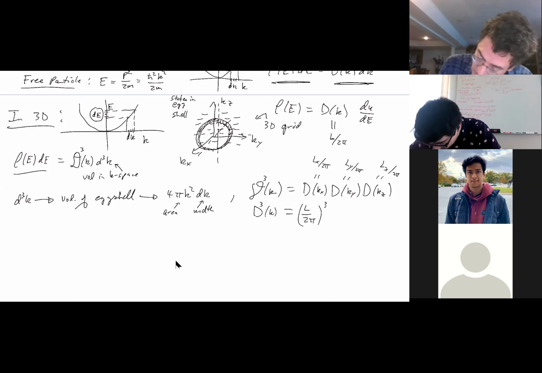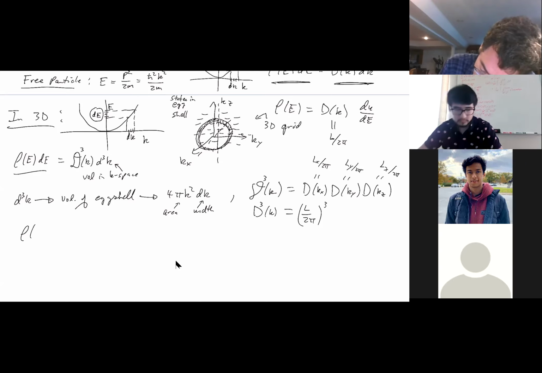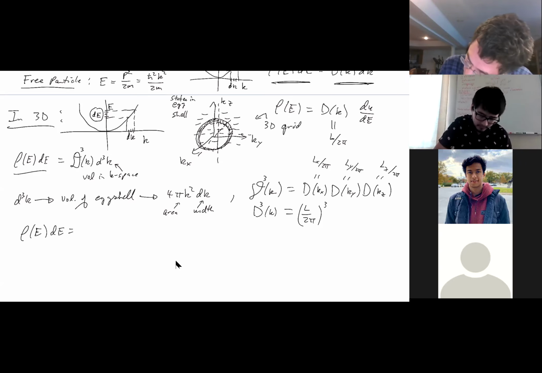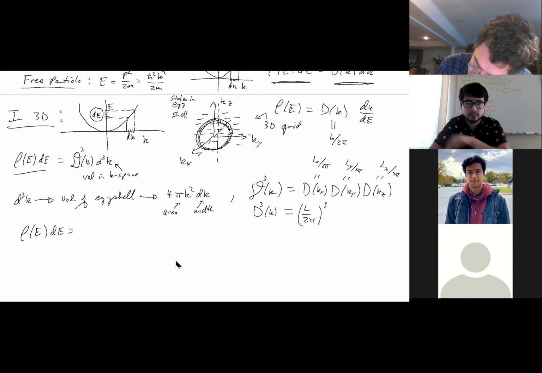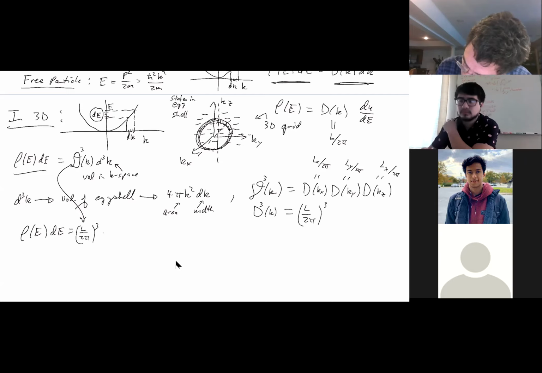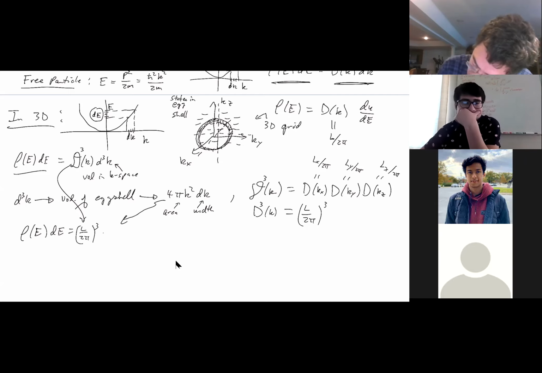And so then we have rho of E dE is equal to this thing, the density of states in three space. It's this formula, L over 2 pi cubed times, now we'll take this formula here, 4 pi k squared dk.